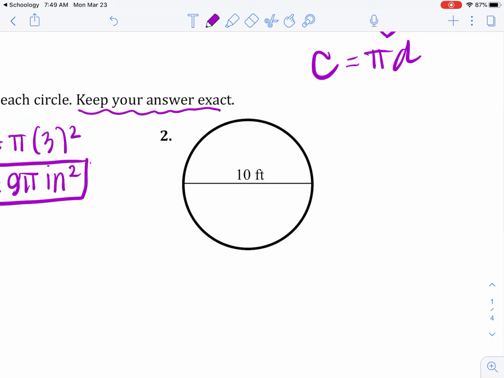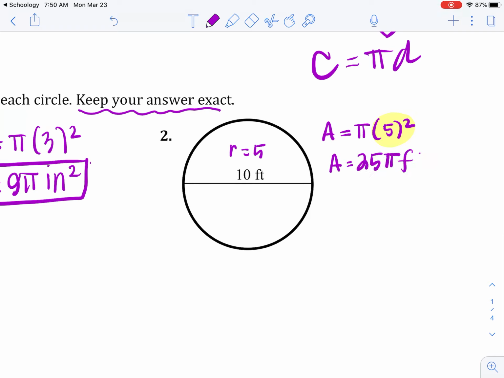Now, the only difference between the first one I gave you and this one is that this one gives you diameter and I gave you radius in the first one, but it's very easy to get the radius if you have the diameter. So here, if the diameter is 10, we know the radius is 5. Therefore, you should have gotten that the area is pi times 5 squared. Keeping my answer exact, I'm going to do that 5 squared.